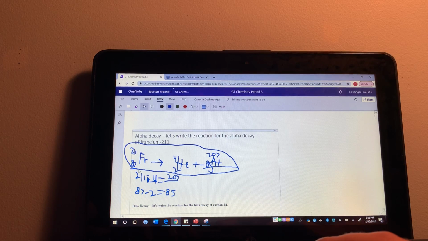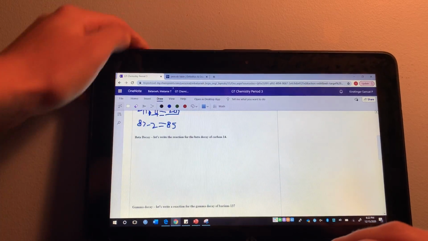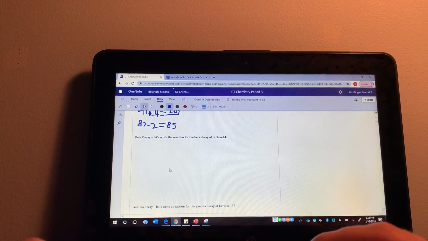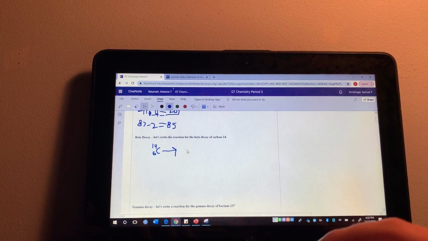Now let's move on to beta decay. So if we have carbon-14, we know that that's just going to be C with a mass of 14, and we know that carbon has 6 protons. Then you're going to draw the beta sign, which just looks like a B with a really long end.